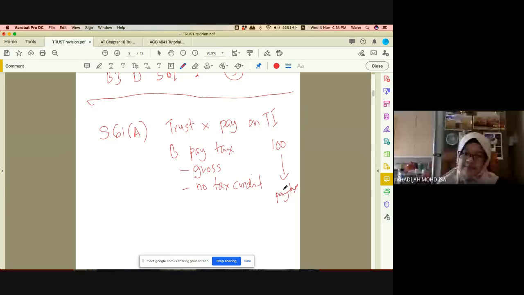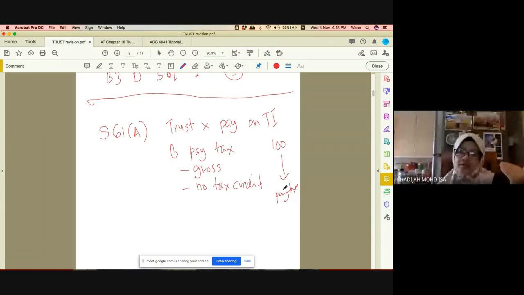Normally, for an individual, you pay maybe in April or June, depending on the type of income that you receive. So the good thing is the cash flow to the beneficiaries. Rather than the trust paying tax, the beneficiary pays, but pays later. And whatever amount is paid later is based on your individual tax rate.